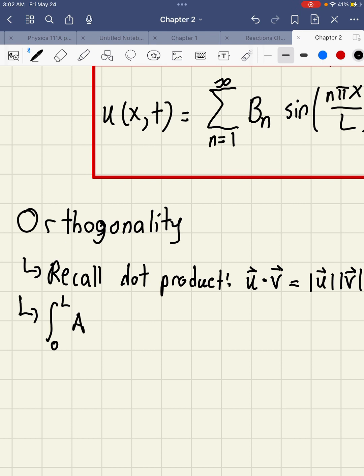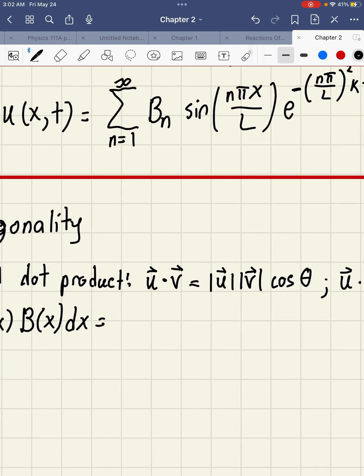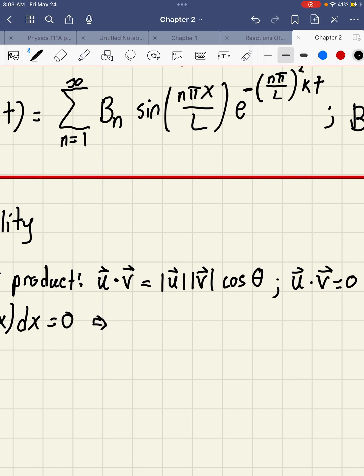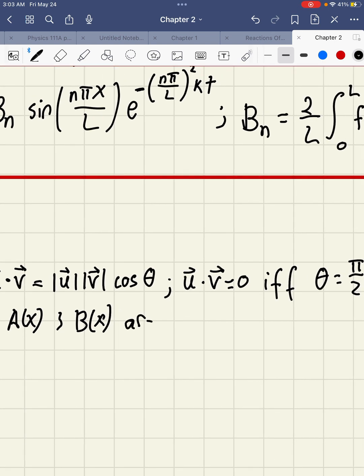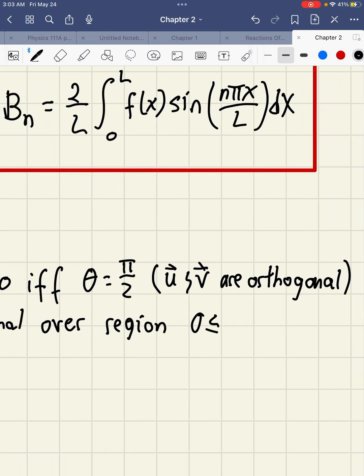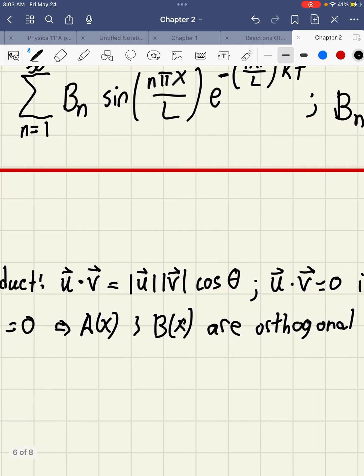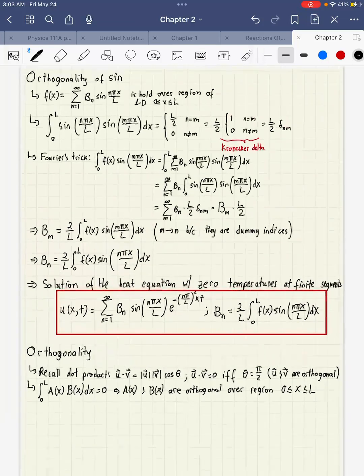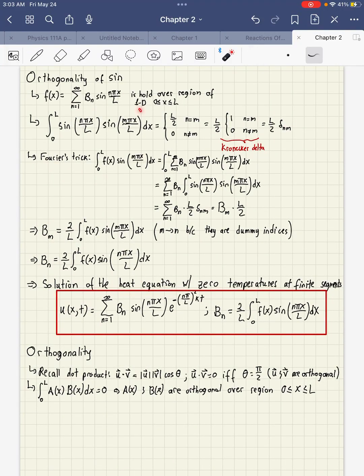If from 0 to L, any two eigenfunctions with their corresponding eigenvalues over the region 0 to L, their product integral is equal to 0, therefore my a of x and b of x are orthogonal over the region from 0 to L. So in our case, our eigenfunction is just the sine, and the corresponding eigenvalue is the lambda.